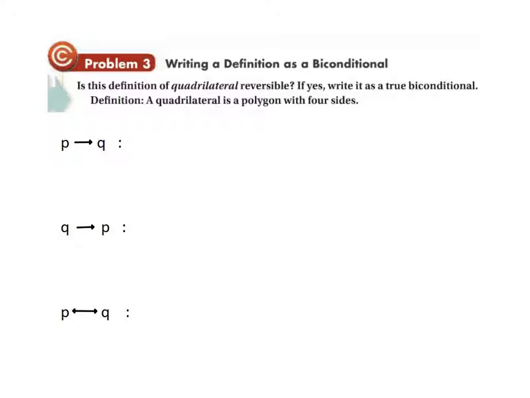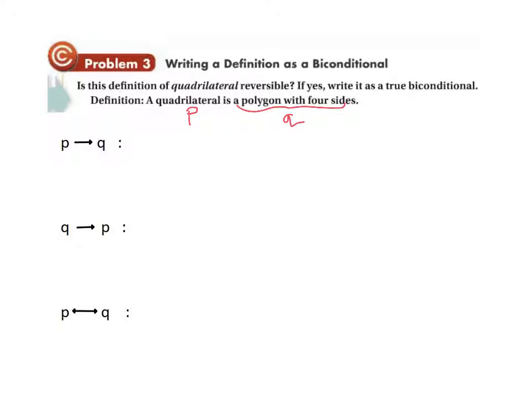Now, this is one more of them. Is this definition of a quadrilateral reversible? If yes, we'd write it as a biconditional. So one more time, just practicing this, and the more you do it, the easier it becomes. So it says, can we write it the first way? Remember that the quadrilateral is going to be the P, polygon with 4 sides is the Q. If it's a quadrilateral, then it's a polygon with 4 sides.